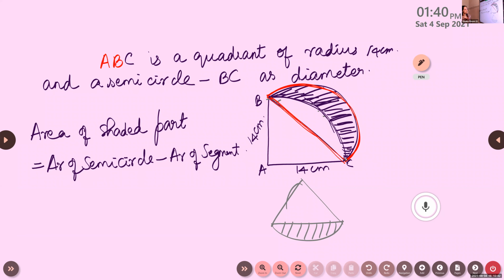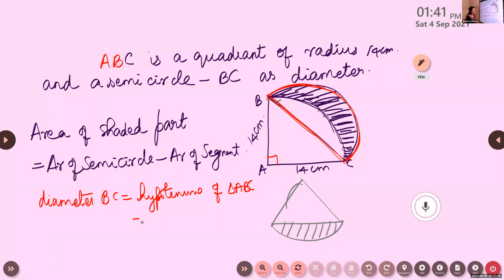The diameter BC is the same as the hypotenuse of the triangle ABC, because it is a quadrant, which means this angle is 90 degrees.